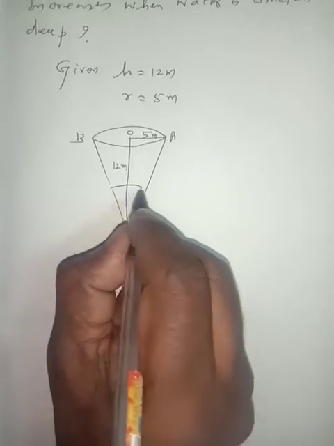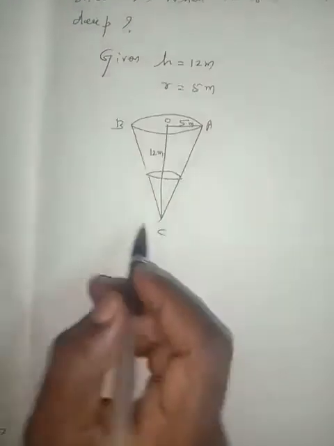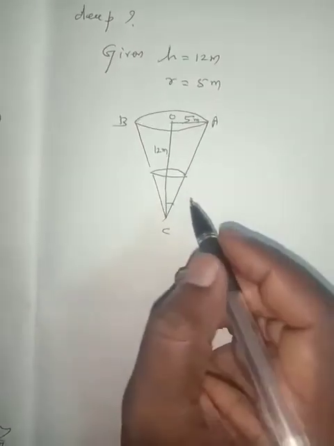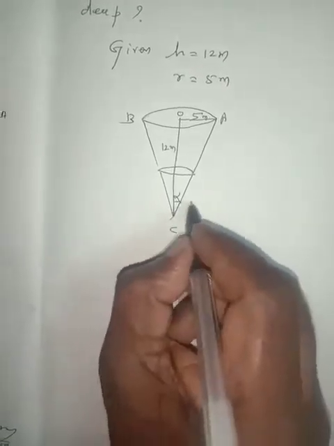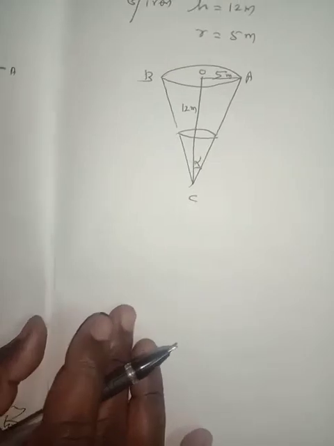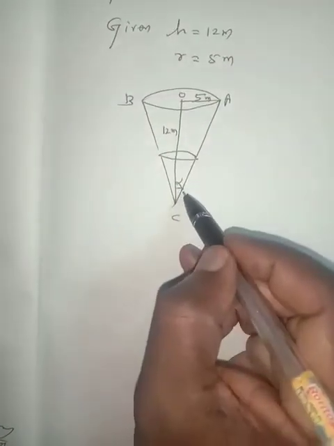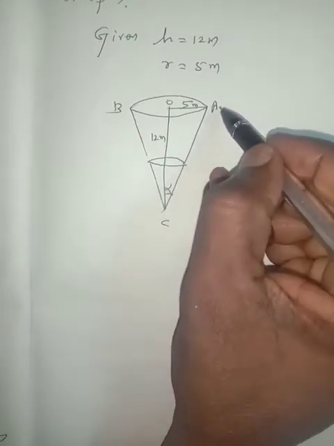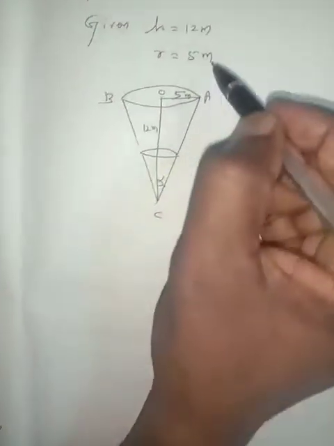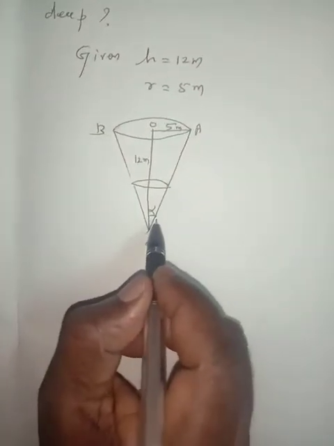Let alpha be the half vertical angle. Full vertical angle, let us take 2 alpha, then alpha is the half vertical angle. We have to find the angle using the triangle OAC.